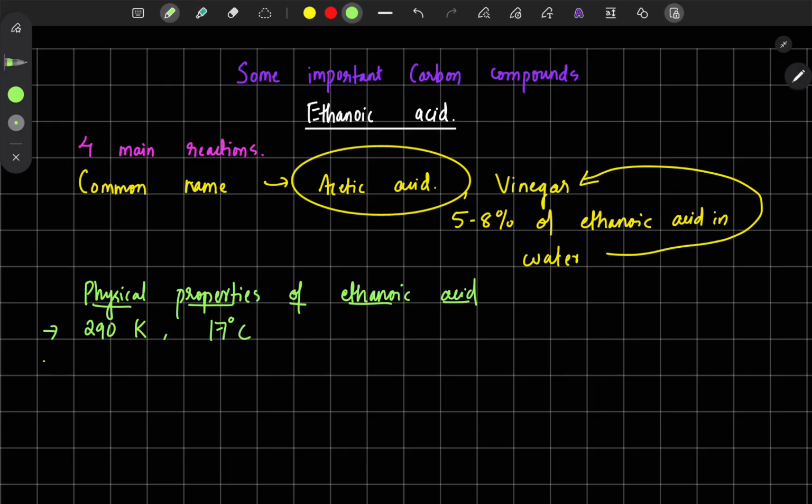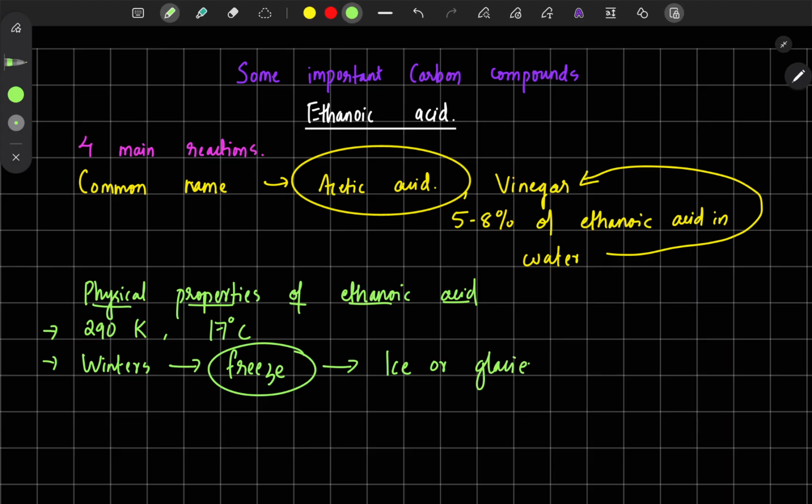So that is why mostly in winters, if the temperature is very low, this ethanoic acid will freeze. And when it freezes, it is very much like ice or glaciers.